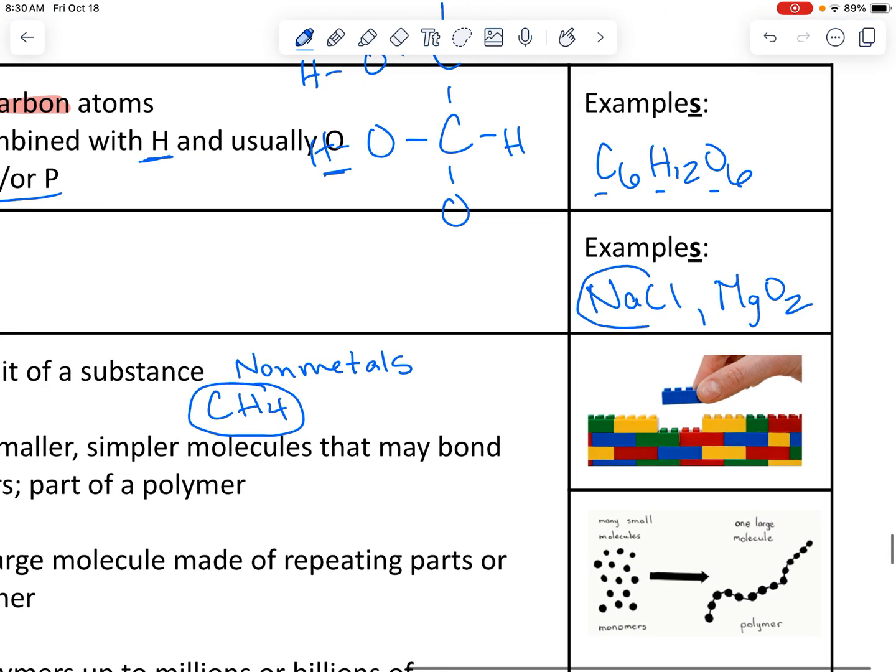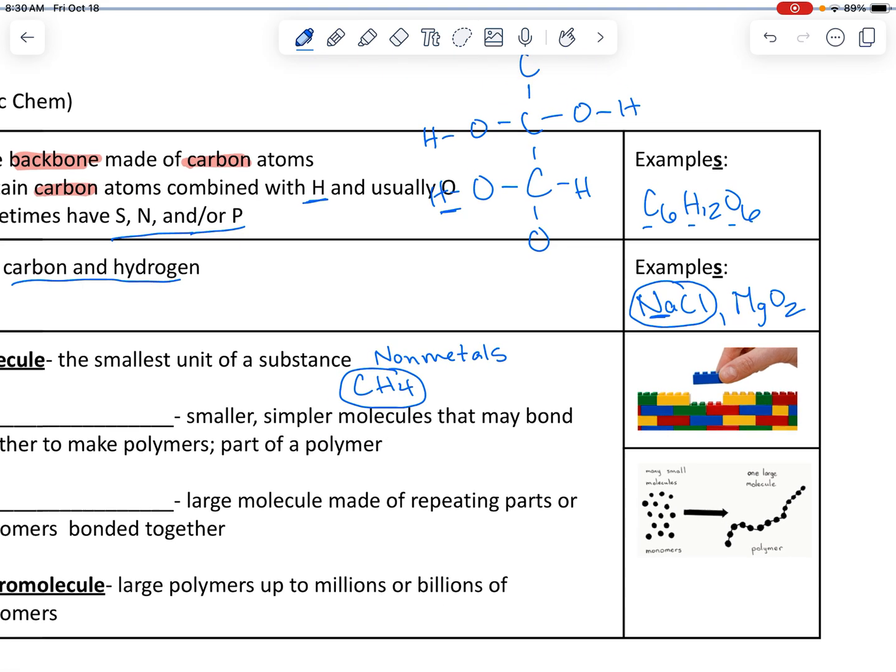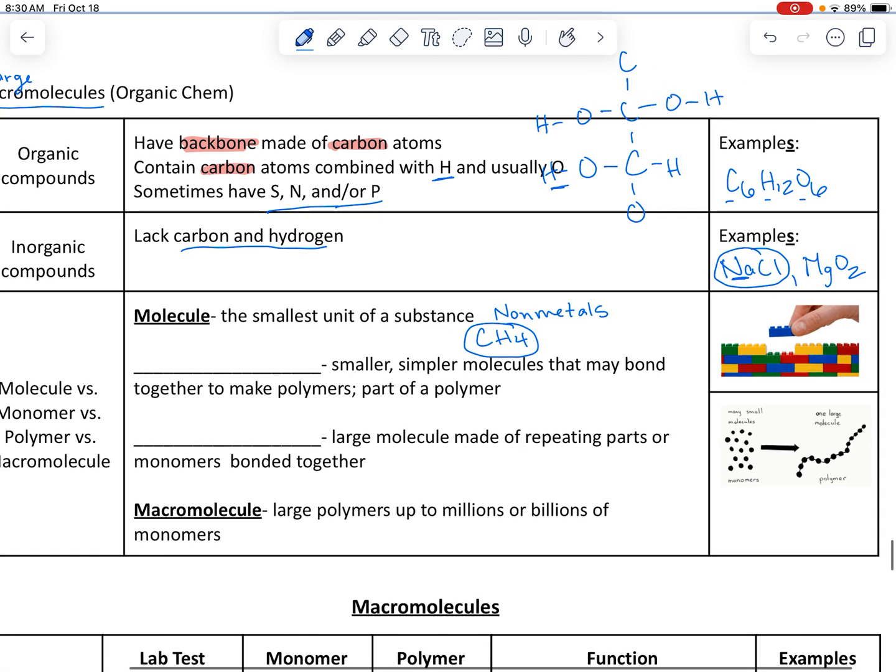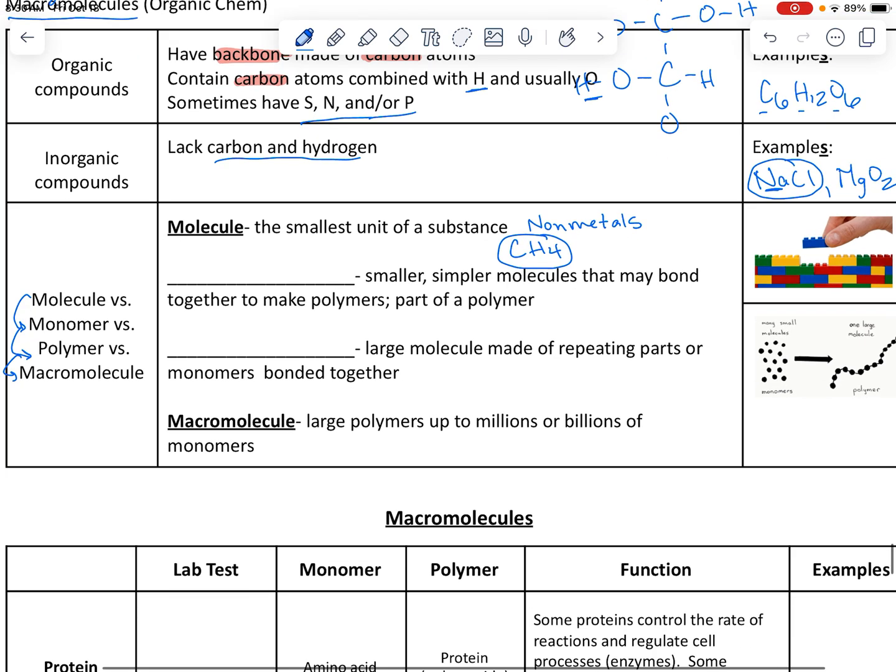This is a compound, NaCl, as it's made up of 2 different elements, but it's not a molecule because sodium is actually a metal. Same thing with the magnesium oxide. So it's not something huge that we're going to test you on. It's going to be bigger next year in honors chemistry. But that's the difference really between molecule and compound.